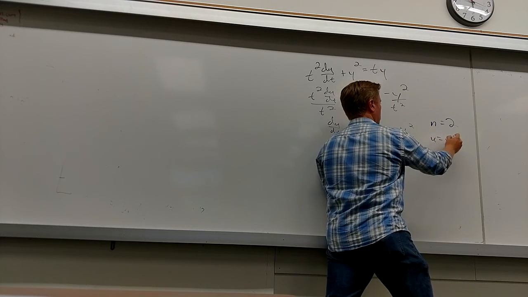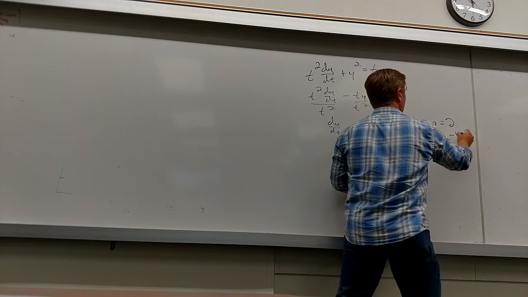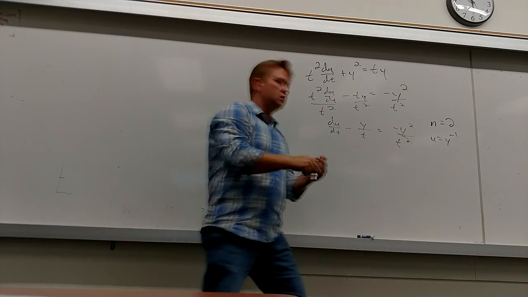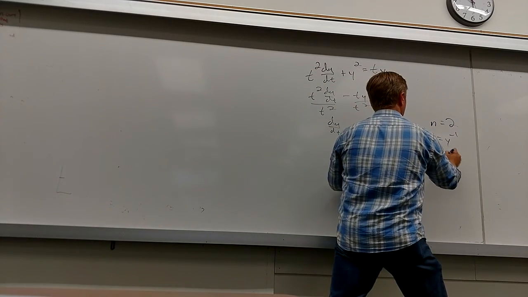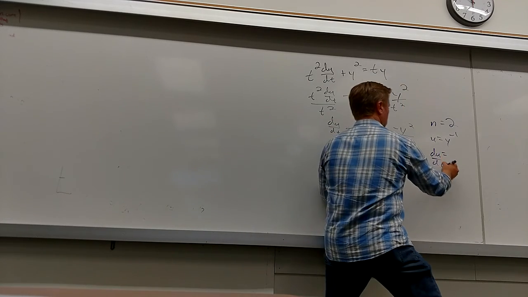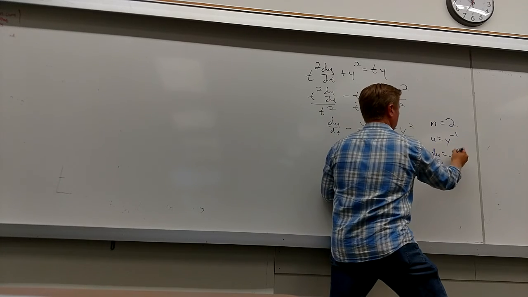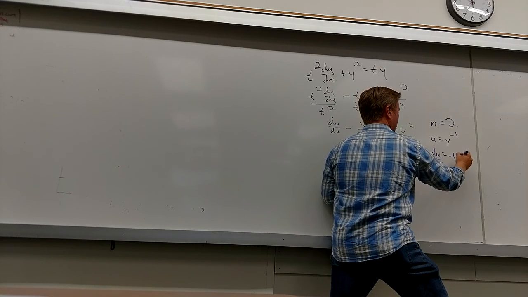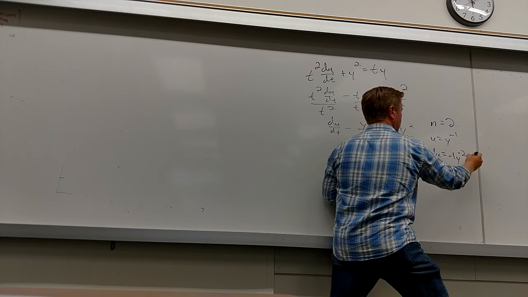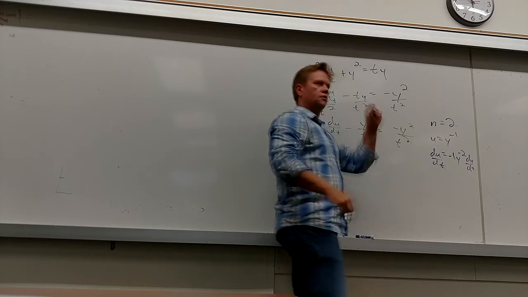So u is going to be y to the negative 1, which means du dt is going to be negative 1 times y to the negative 2 times dy dt.